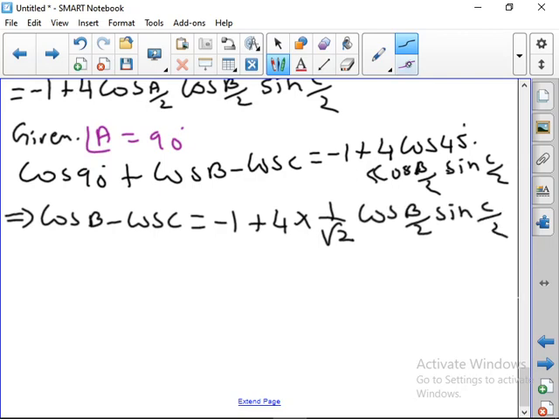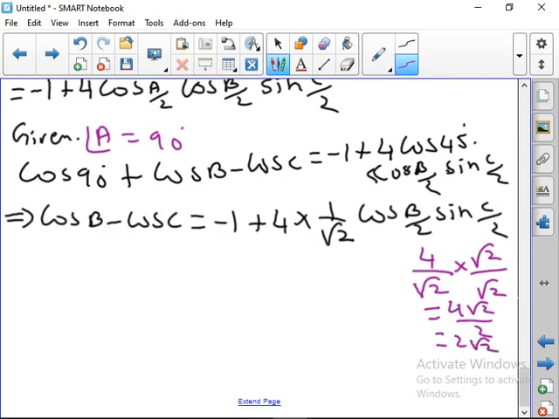Now here we are having 4 by root 2. So rationalize the denominator. So we multiply numerator and denominator by root 2. So it gives you 4 root 2 by 2, which is equal to 2 root 2.